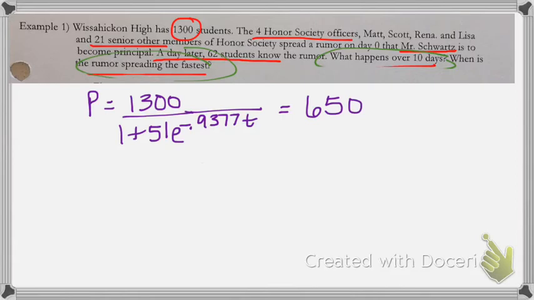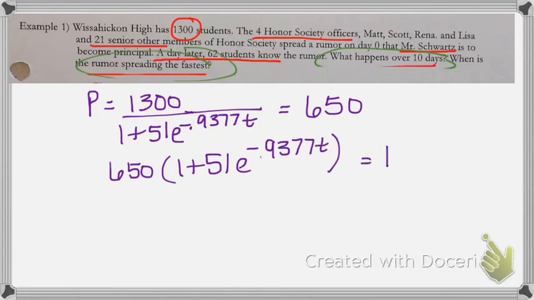And so this is just solving the way we did yesterday. So you're going to cross multiply. And then you'll divide by 650.